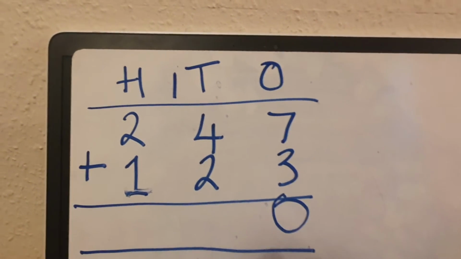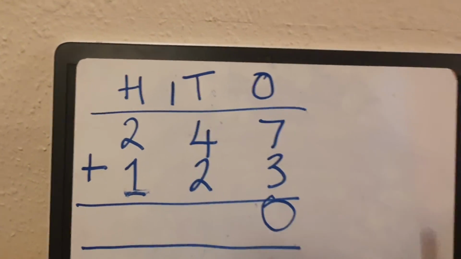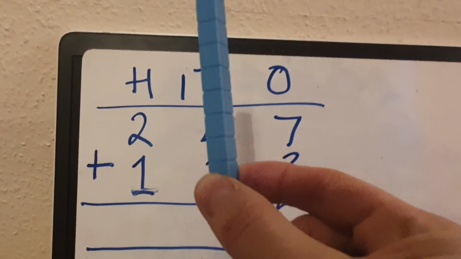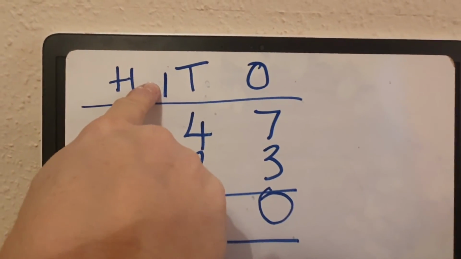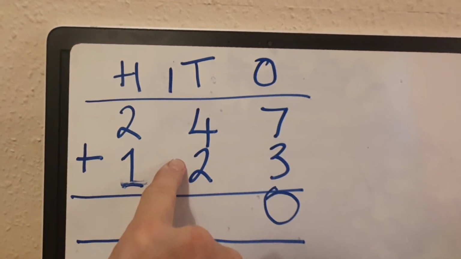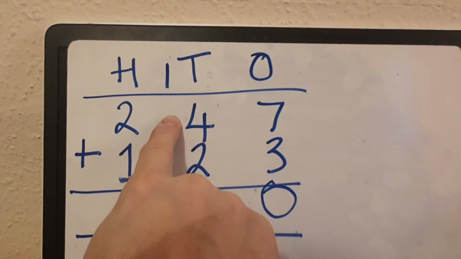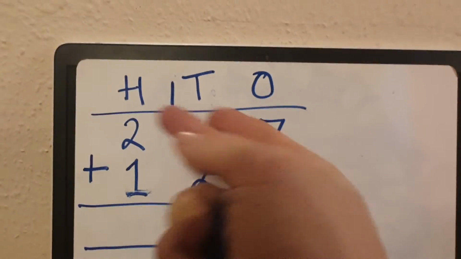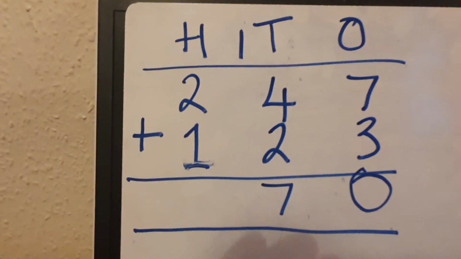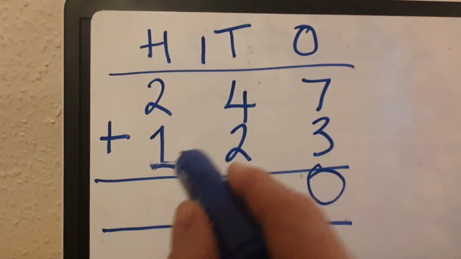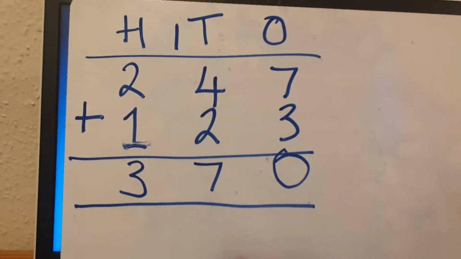So I've exchanged those 10 individual ones for a rod of 10. So now we can see I've got a 10, 4 10s and 2 10s. So add those together. 1 add 4 is 5, add 2 is 7. And then 200 add 100 equals 300. And our answer there is 370.